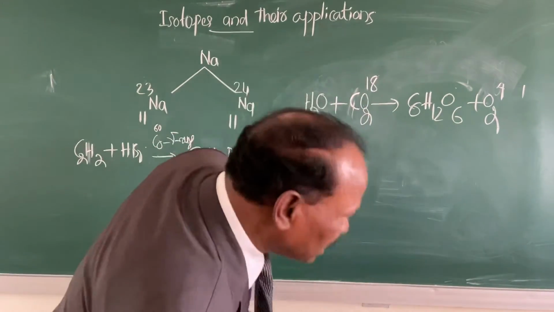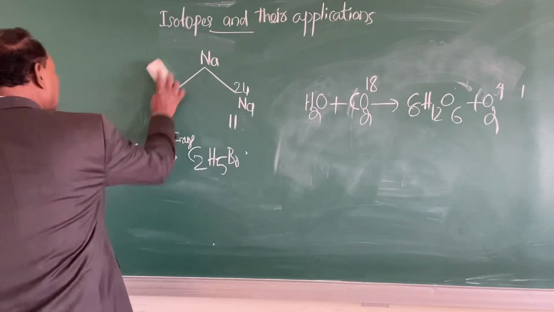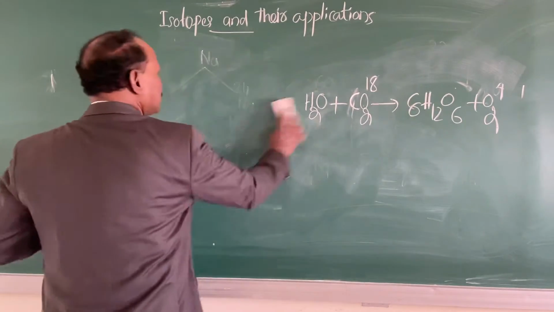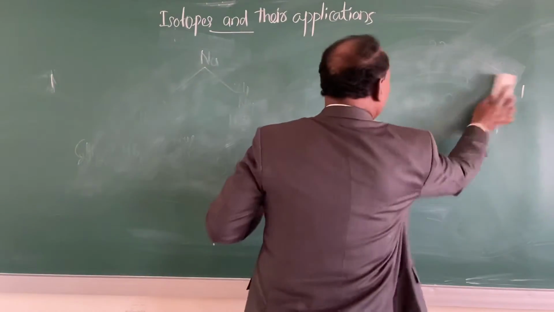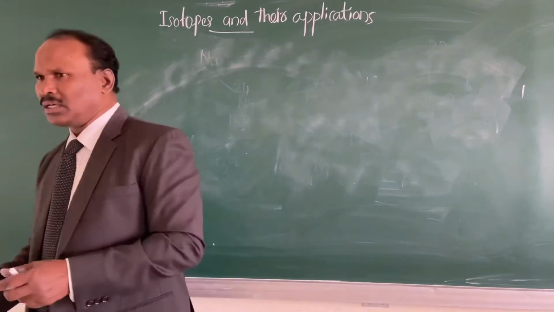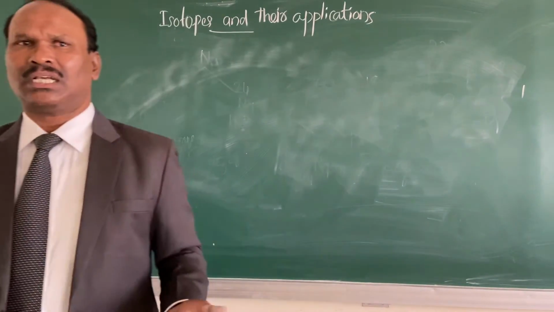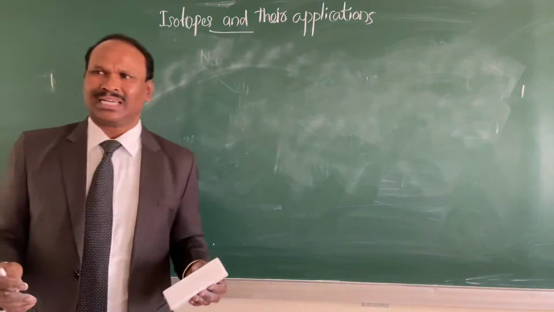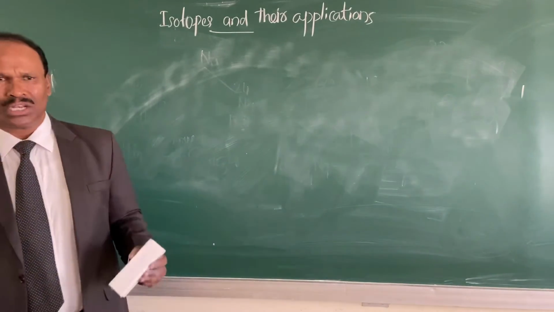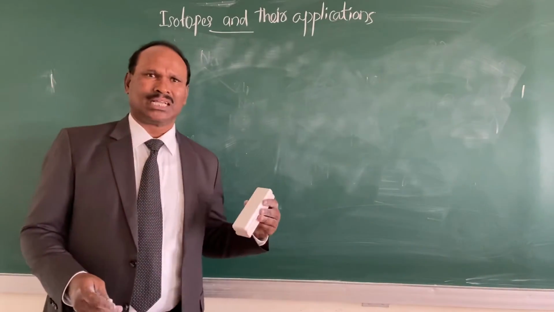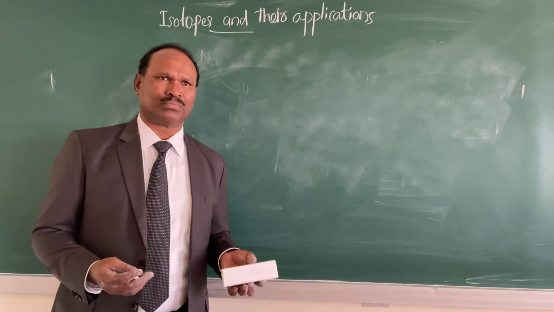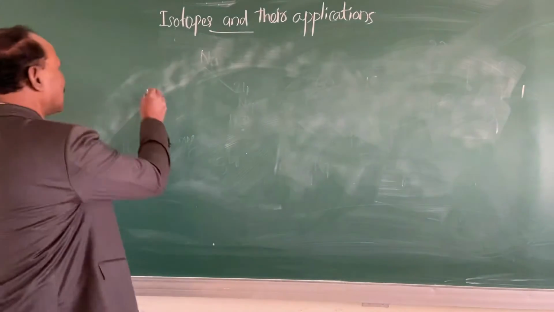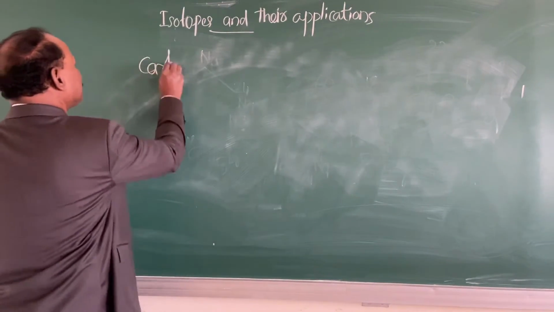Then another application is in carbon dating. What does it mean? To find out the age of fossil fuels, of dead plants and animals, we use what? The radioactive isotope technology. That is called carbon dating.